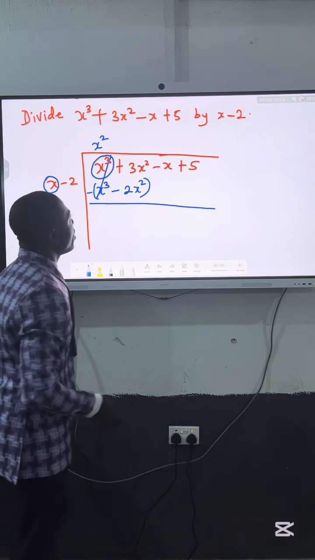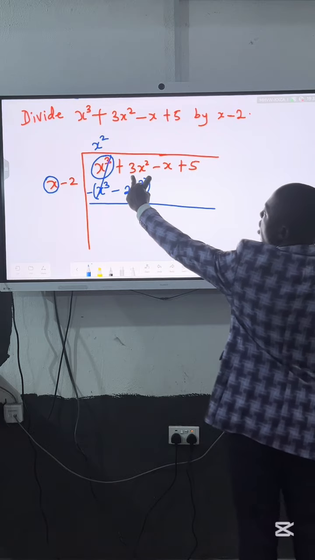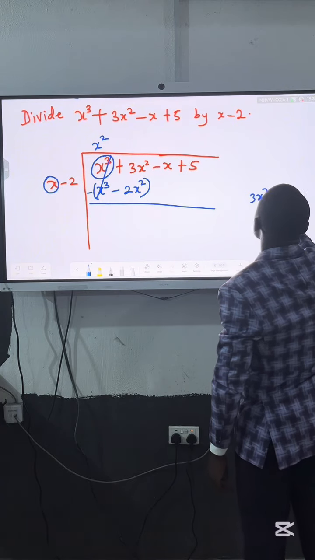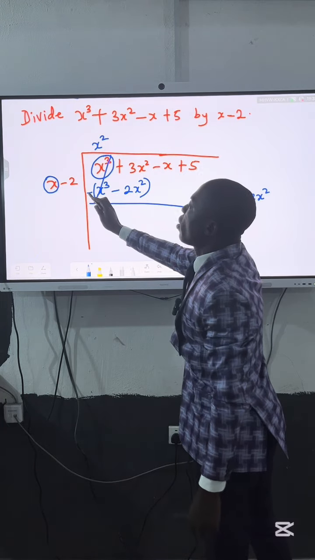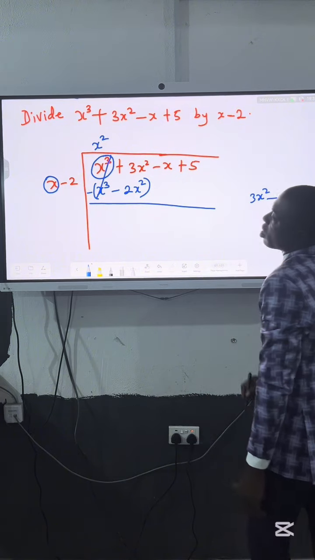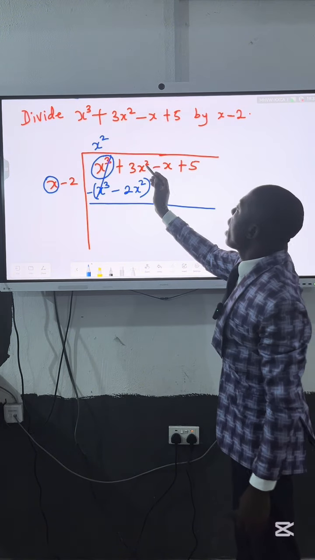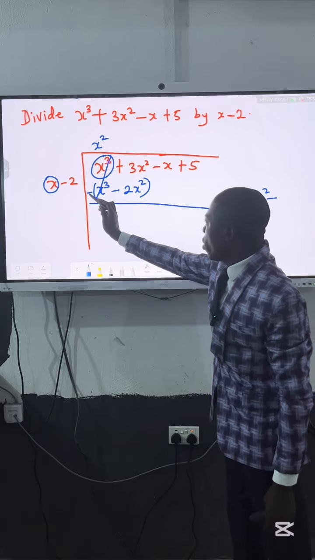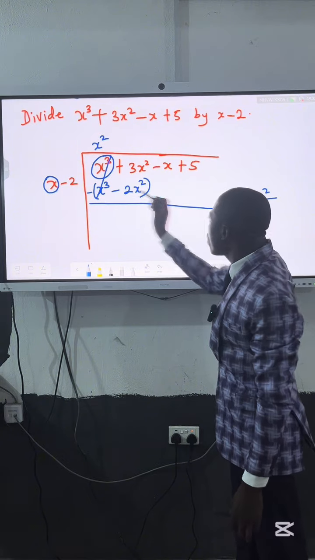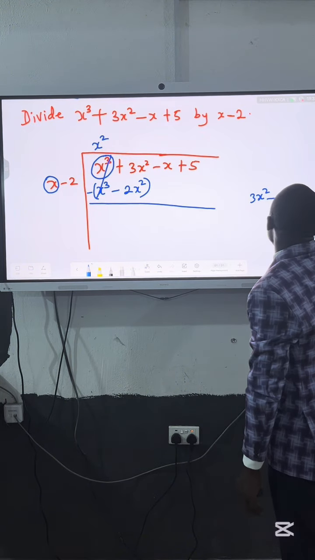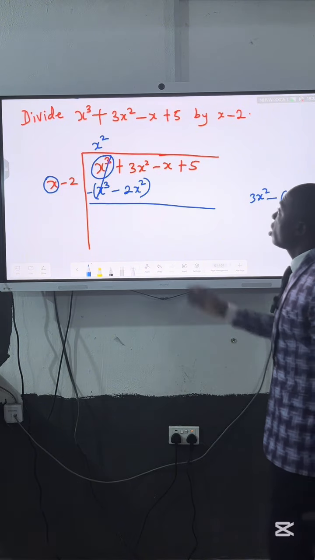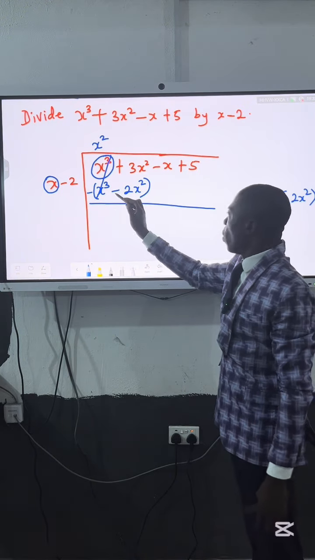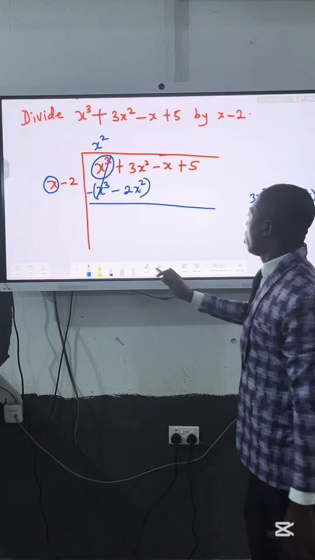Now, next, please look attentively. Next, you have 3x squared. This general minus that you have here, you place it. So 3x squared minus, and what you want to subtract has another minus: 3x squared minus minus 2x squared.